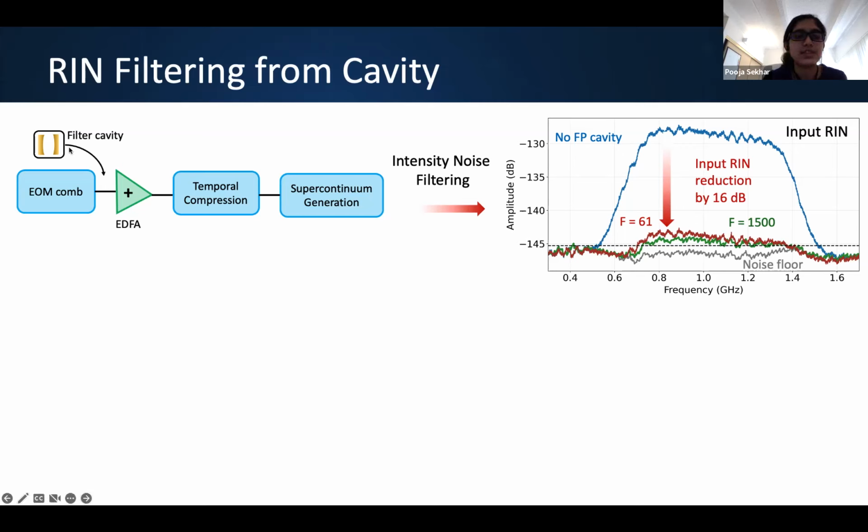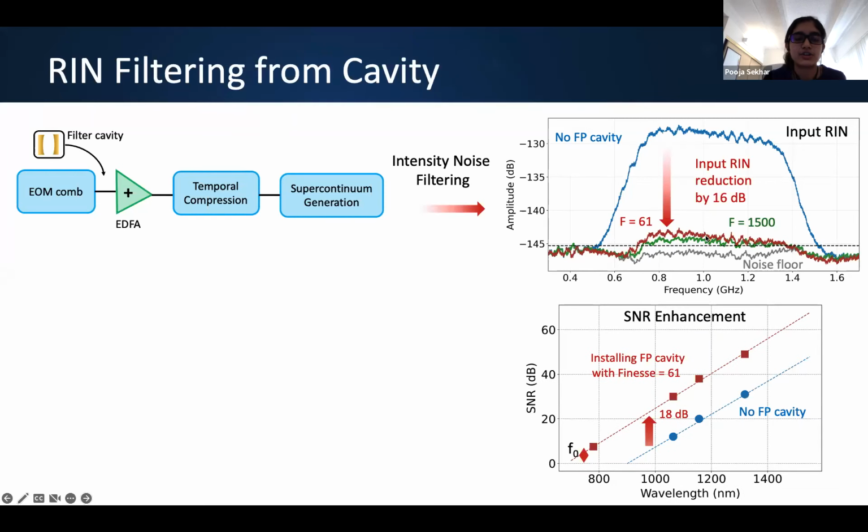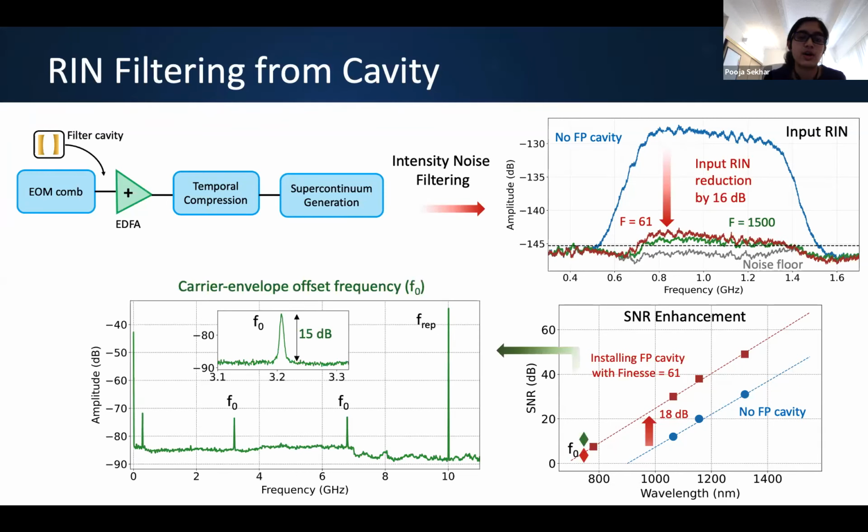What this filter cavity does is that it reduces the relative input intensity noise by approximately 16 dB, as shown from this blue curve without the filter cavity to the red curve, which is with the filter cavity. This enhances the signal to noise ratio of the comb lines across the supercontinuum, as shown by this curve. And this enables us to actually measure the carrier envelope offset frequency of our broadband 10 gigahertz comb.